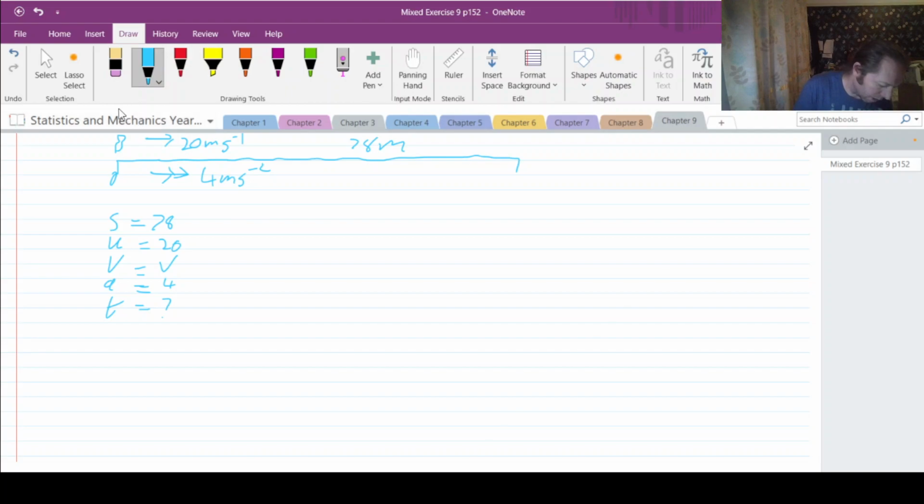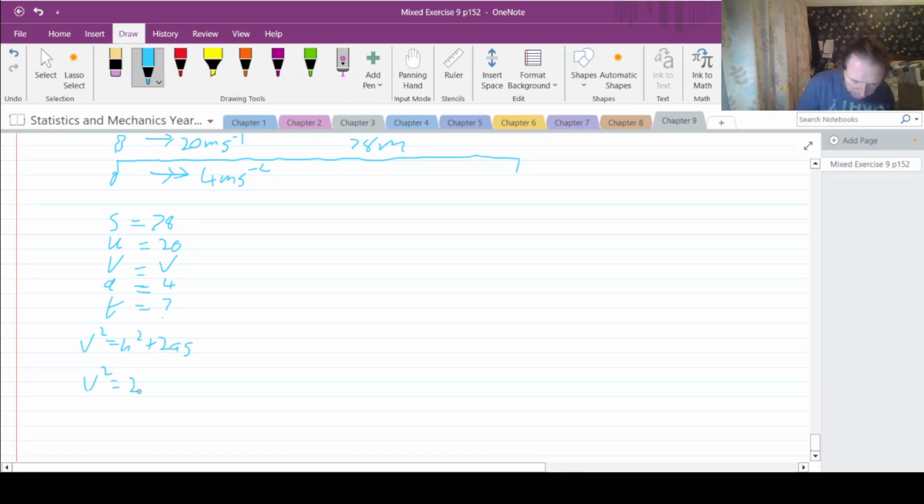So we can put in v squared equals u squared plus 2as. So v squared is equal to 20 squared plus 2 times 4 times 78.